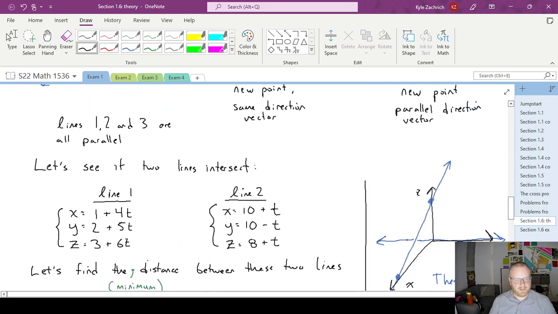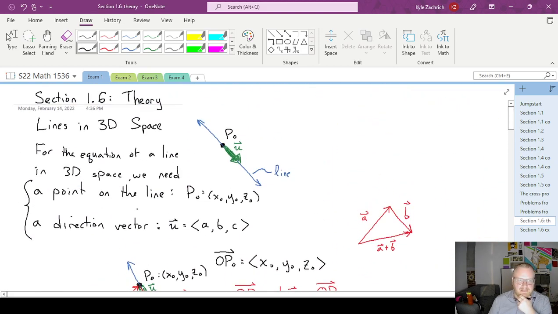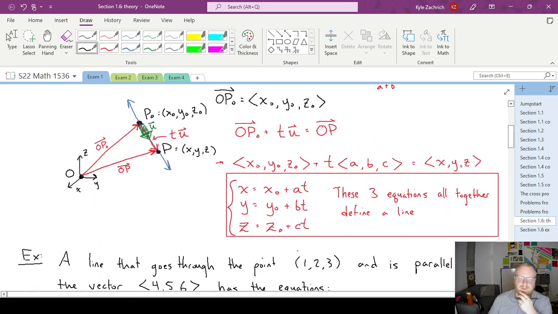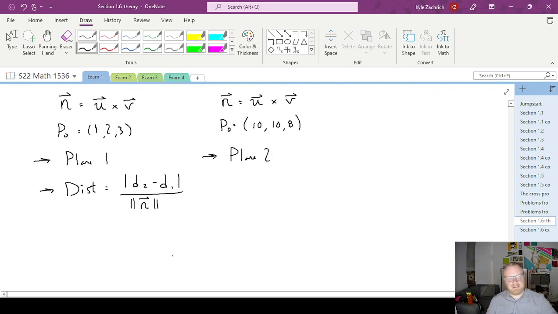There is one other thing I want to show you, and that is something called symmetric form. So when you think of an equation of a line, I want you to think of these three equations. In my opinion, that's the most useful form, and I want you to easily recognize that. There is another way to write down lines.